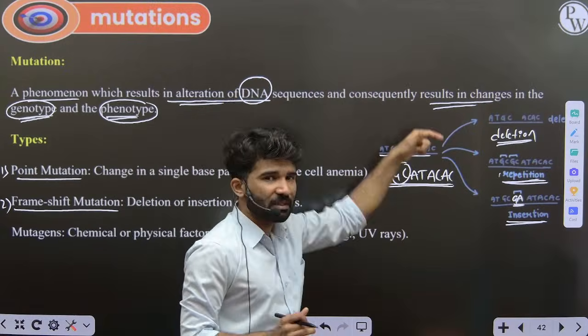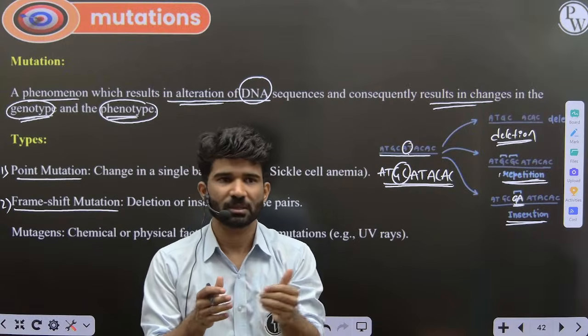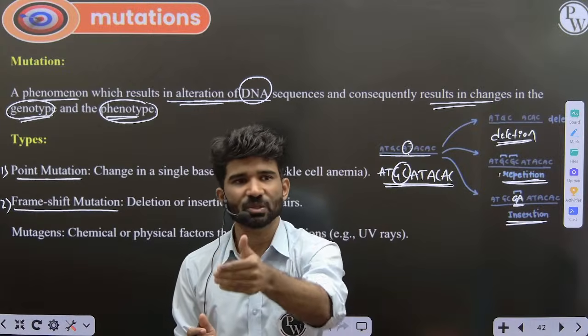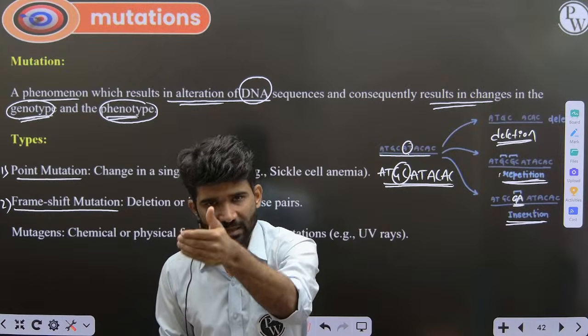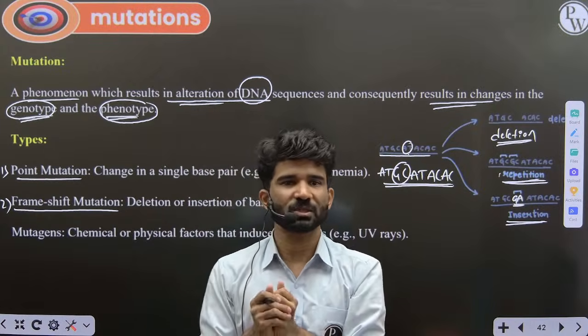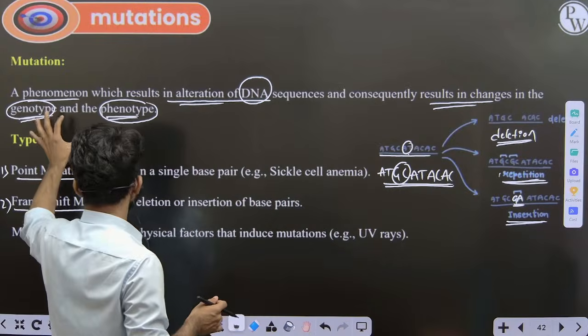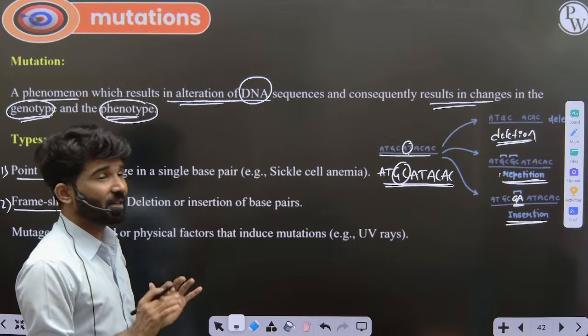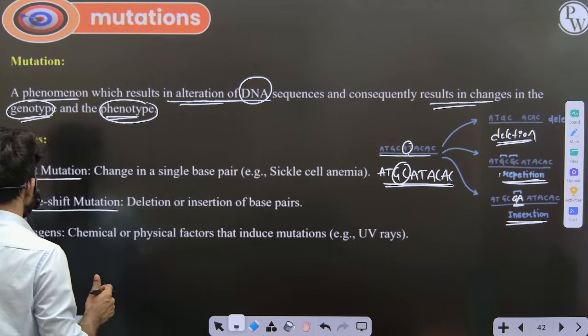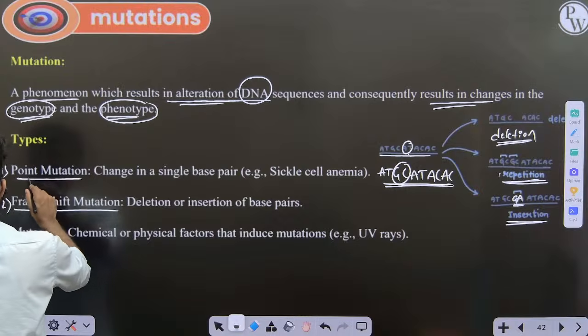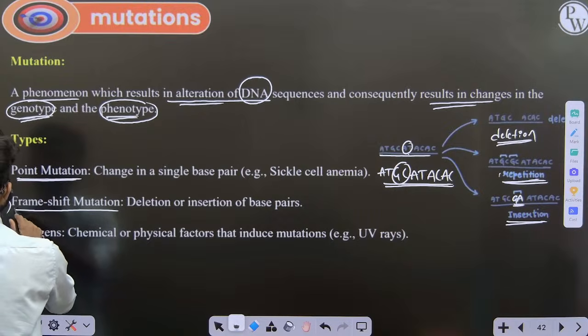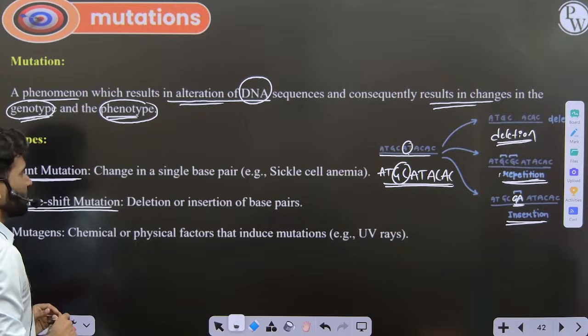If the DNA sequence is altered, what happens? When it is transcribed, the RNA also alters. When it is translated, the protein also alters. So the whole expression of phenotype as well as genotype is altered. That is what mutation causes. There are different types of mutation: the first is point mutation, another is frame shift mutation.